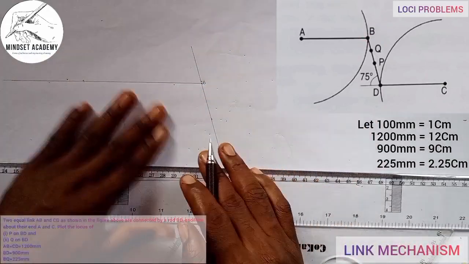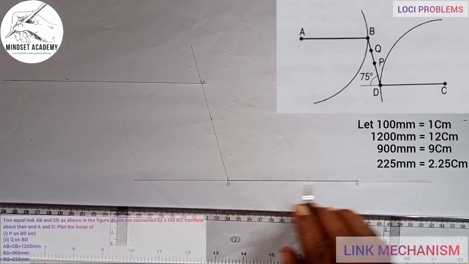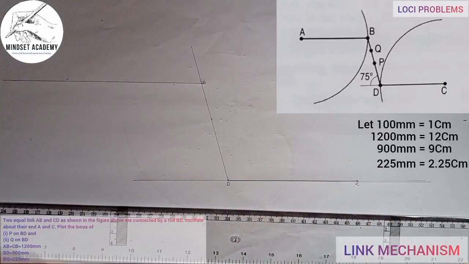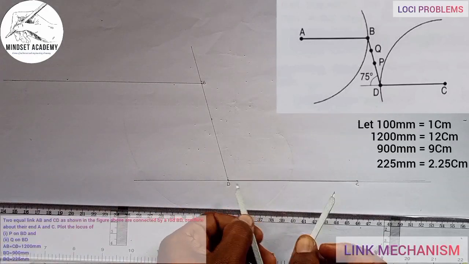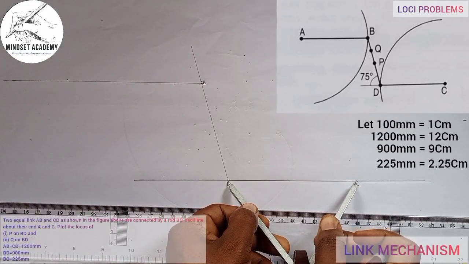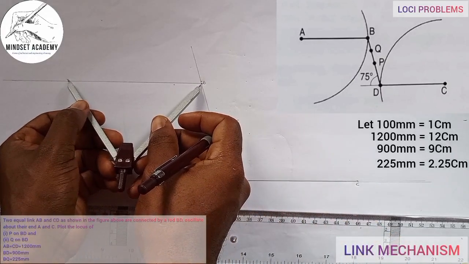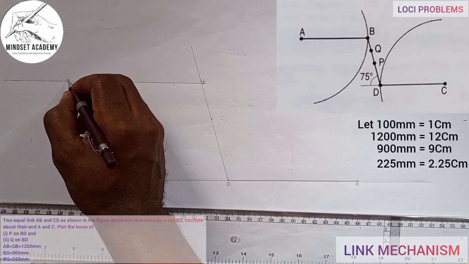So from B to A is also equal to D to C because they are equal. So I can easily use my protractor and transform that point from here to this point, and I'm having it here.